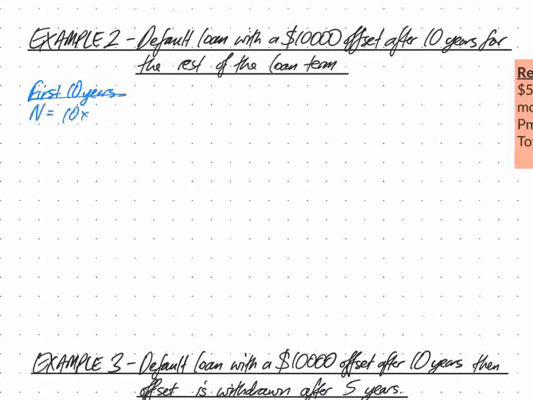So 10 times 12 is 120. The interest rate is the default 5. PV is what I started off with. I'm paying off the loan as normal. My payments are the default, negative $2,684.11. Because I've only been paying the loan off for 10 years, I'm not going to pay it off in full.